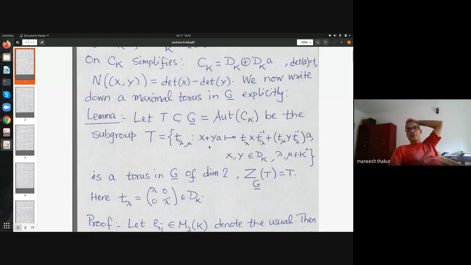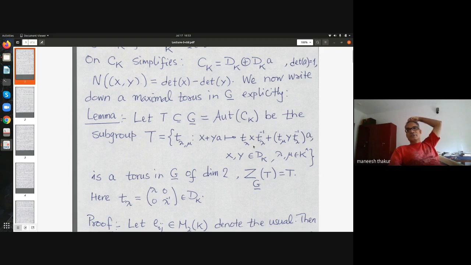For that, you define, first you look at this diagonal matrix for any lambda, the matrix lambda, lambda inverse diagonal matrix, which lives in dk. And similarly I have for mu also, mu inverse. So we define T lambda mu to be the conjugation by T lambda in the first summand, and the second summand is T mu y T lambda inverse times A.